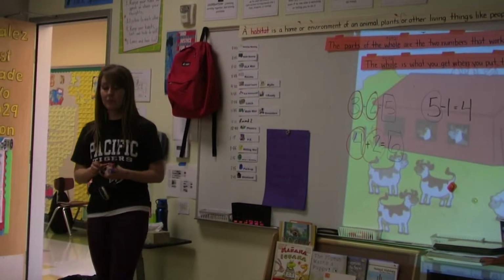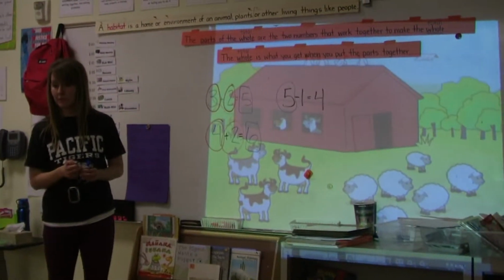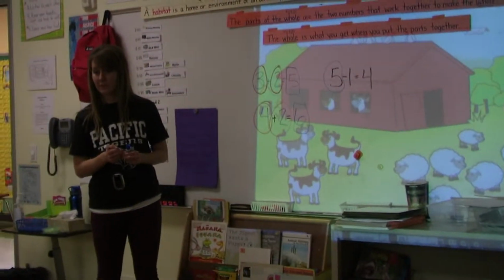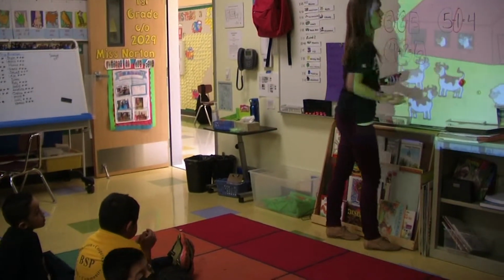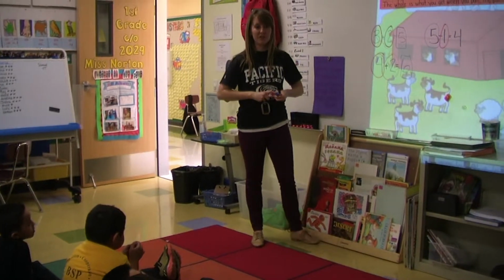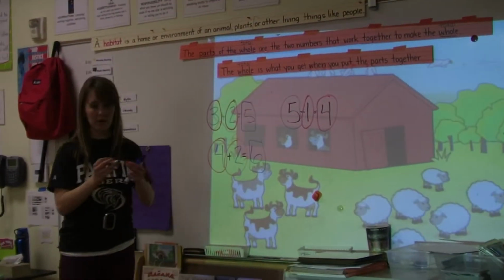Emily? 1. And what else? Adriel, what's the other part? 4. How do we know that 1 and 4 are the parts?